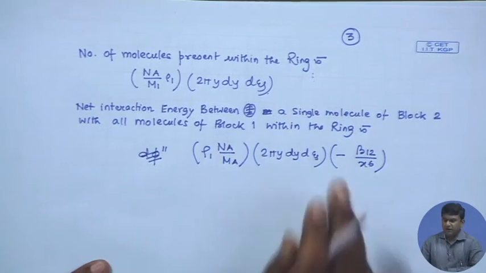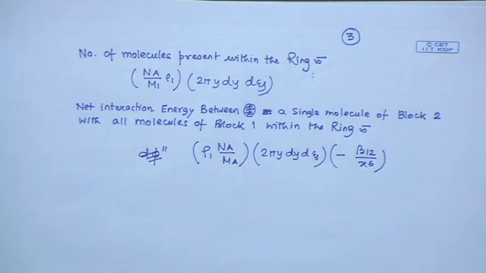See, what has been done is very simple. You know the strength of van der Waals interaction between two molecules of 1 and 2 is this beta 1 2 divided by x to the power 6. Let me take a minute to explain this.